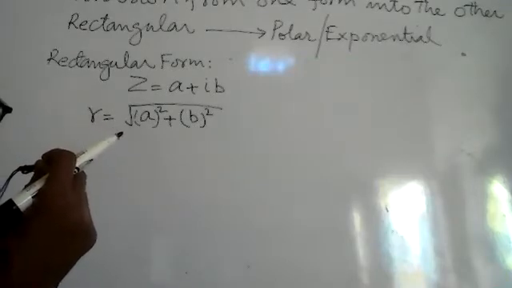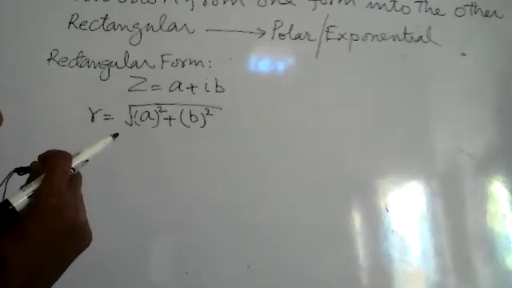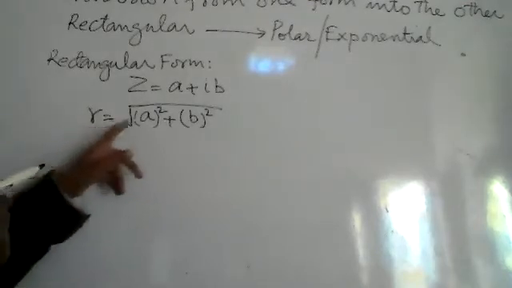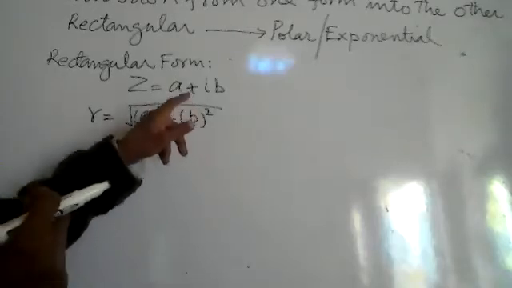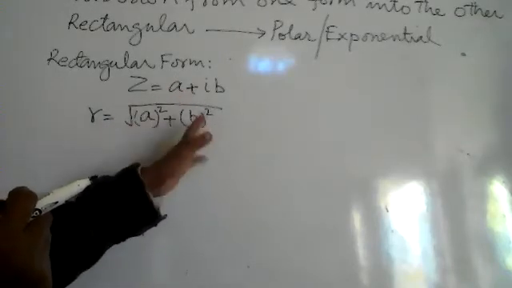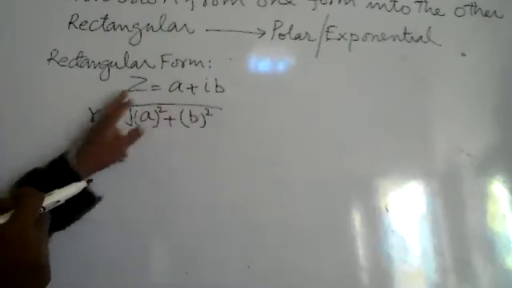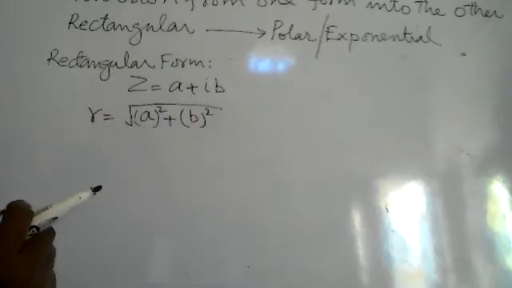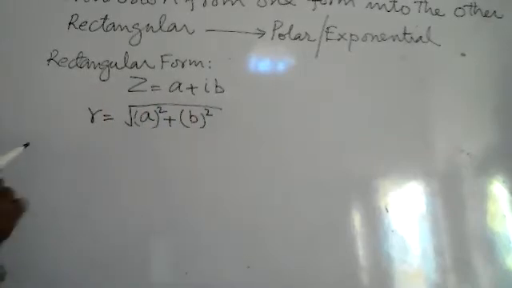Now, how to find argument z, that is theta? So r will be found in this way. We will take the square of the real part plus the square of the imaginary part without iota, and then take the whole square root. This will be r.